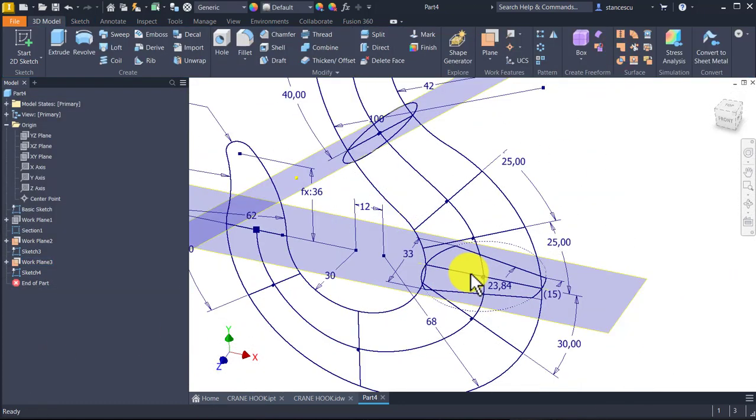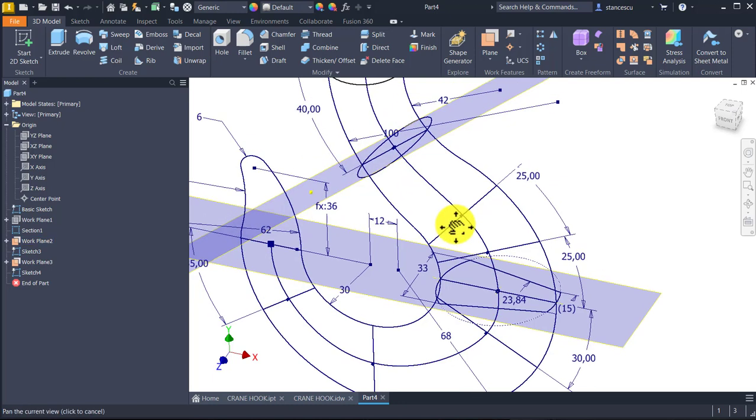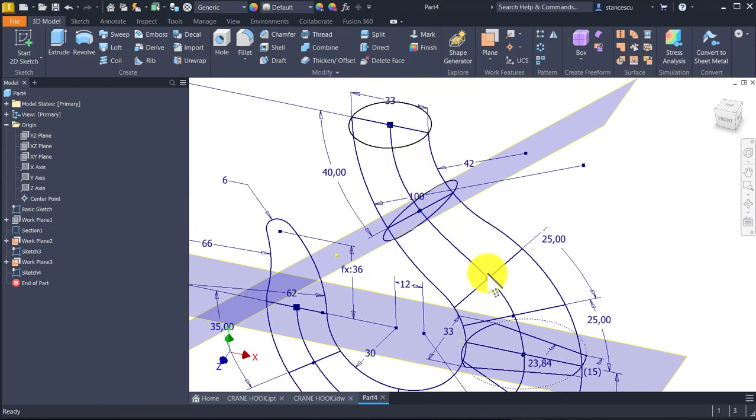This is what section? 1, 2, 3, 4, 5. This is section 5. This is section 2.